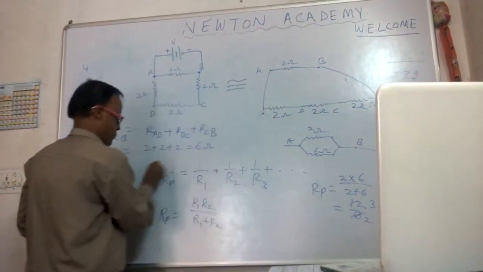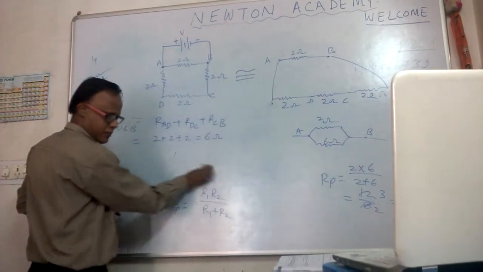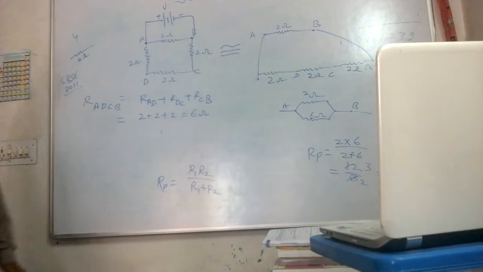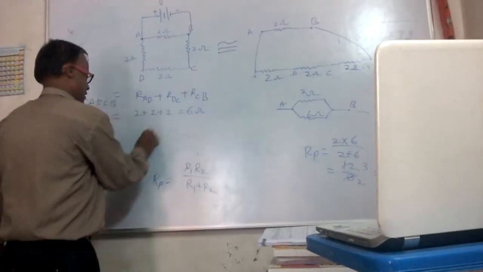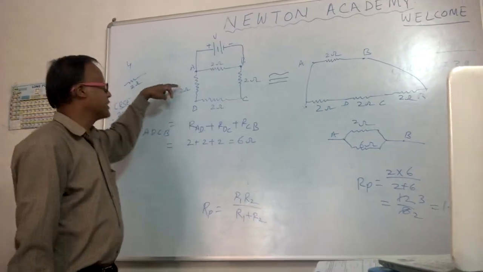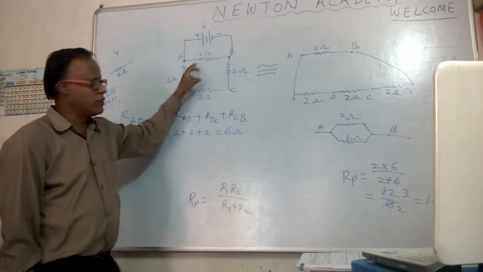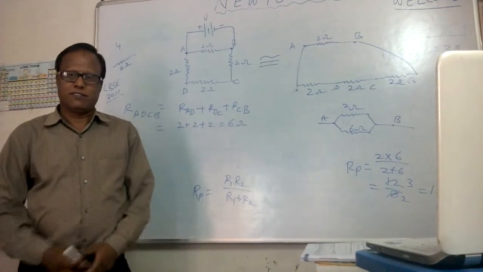Then we have to draw this equivalent diagram. Then you draw the equivalent diagram, this extra part, and then Rp is equal to this. So the effective resistance of the square ABCD when we are taking two adjacent corners is given directly by this. Now stop.